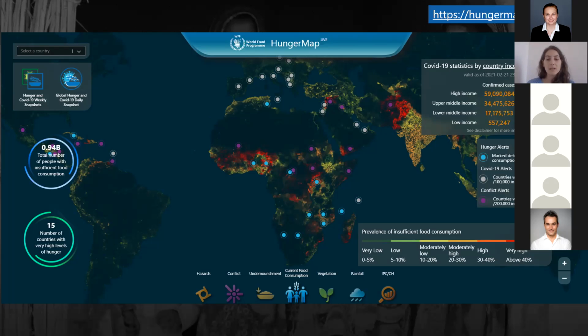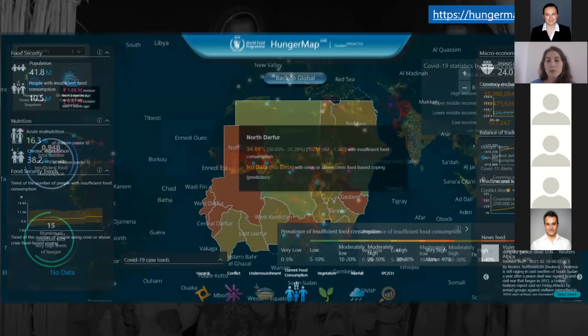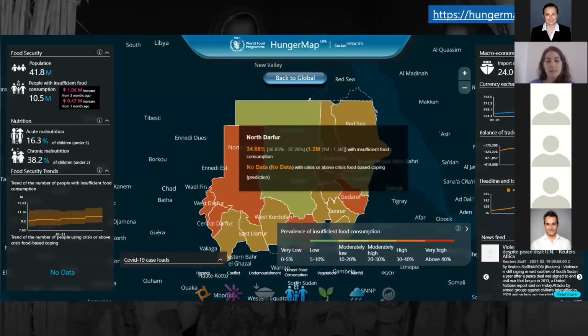And then whenever you click on a country, for example here, I put a screenshot of Sudan. That's one of the countries where we do predictions. You can see on the side a lot of contextual information, and then when you click on an area, you get the estimate of people with insufficient food consumption, as it comes from the model.